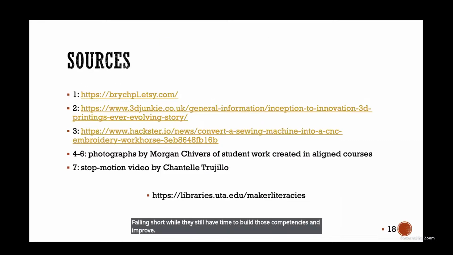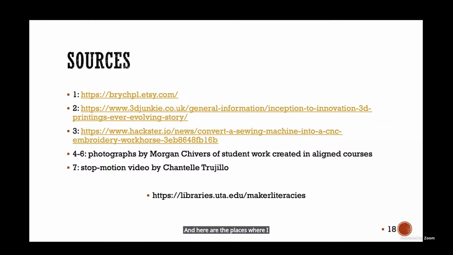And here are the places where I pulled those images from and the link to our website.